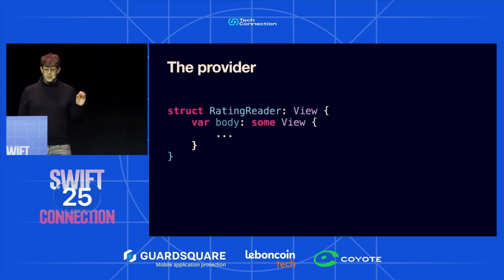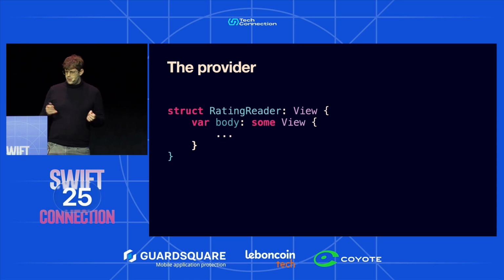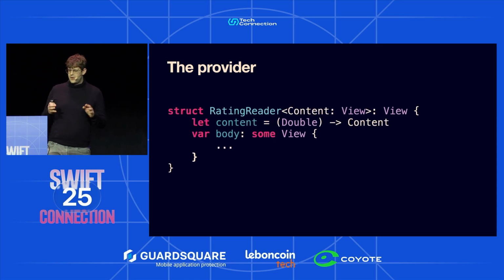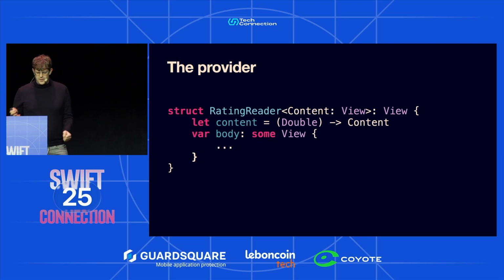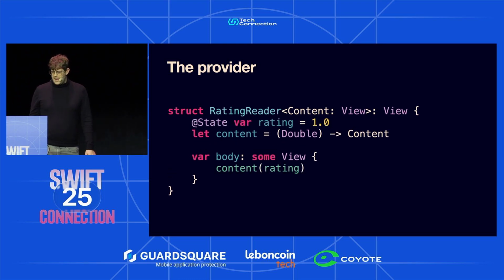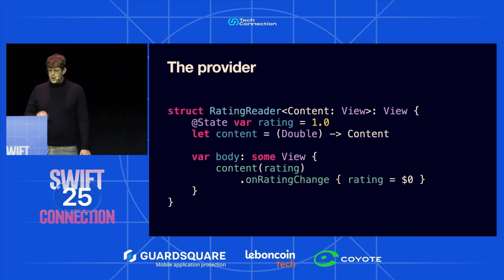To build a rating reader, what you need is creating a whole new view, and the content of that view, because it's a container, will be defined at compile time. You define this callback so that you can call it, and then you have the rating, the famous state rating will be hidden here, and you will use that as an input to get your actual view. Once you have that, you just call on rating change if you have it, or maybe on preference change directly.